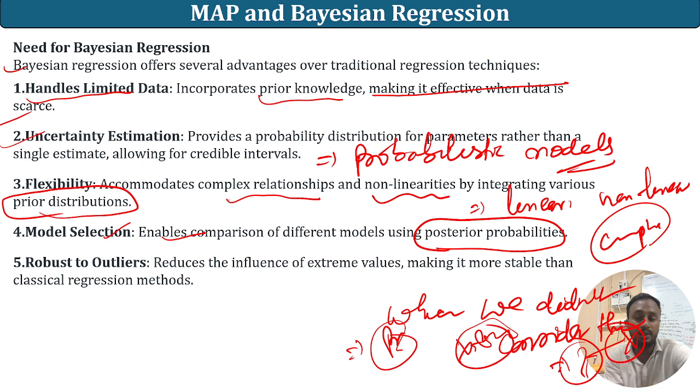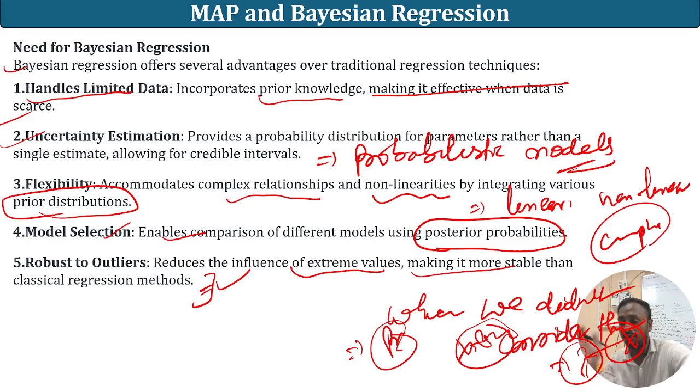So that we can use it for real-time deployment for the variables. Then it will be robust to outliers, reducing the influence of extreme values, making it more stable than the classical regression model. The chances of error will be less, and even if some values are outliers, it will not affect the result much as compared to the classical regression method, which might be affected.